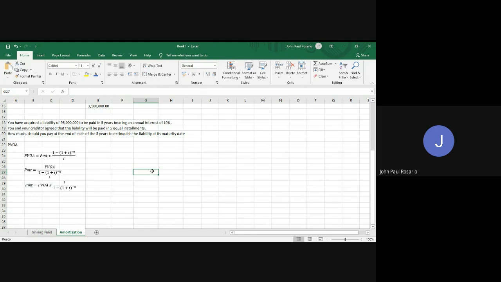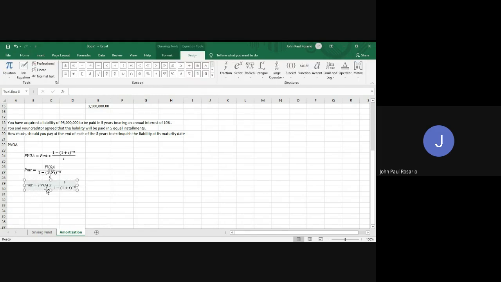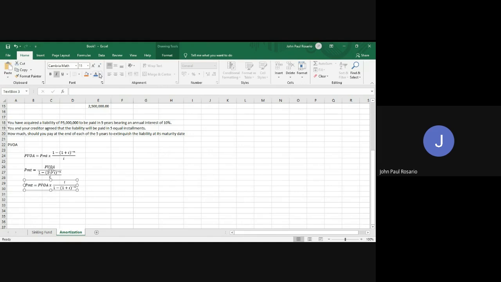Now, what will happen if the problem involves annuity due? Using the same equation, but now it becomes present value of annuity due.